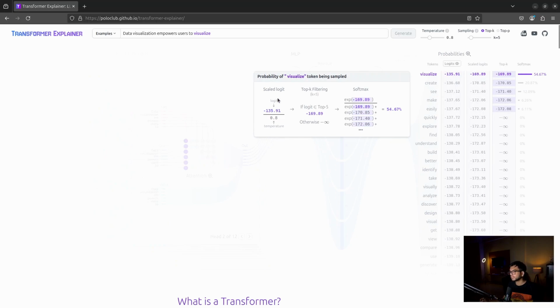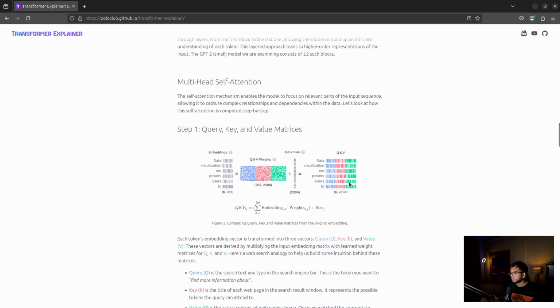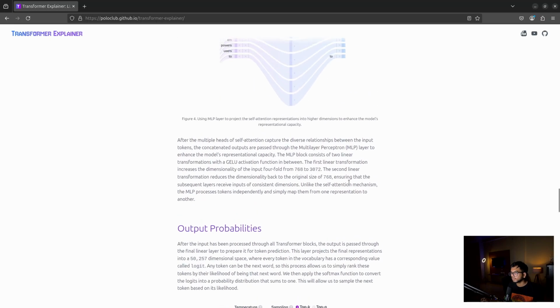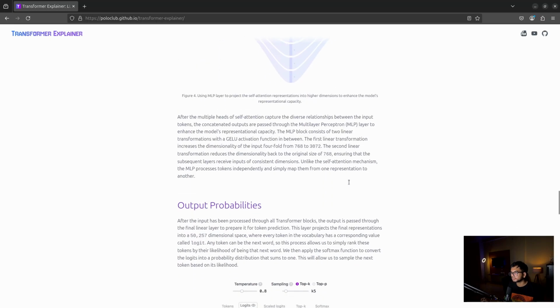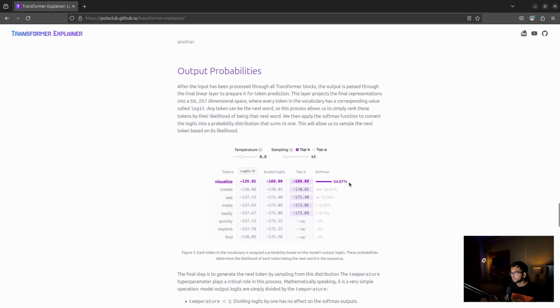If you click here, you will find how the visualized token has been taken from this 1 by 50,257 output. If you go below to output probabilities, it is written that after the input has been processed through all the transformer blocks, the output is passed through the final layer, which I have shown.